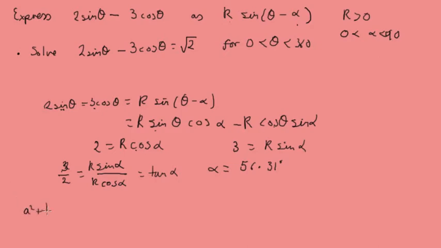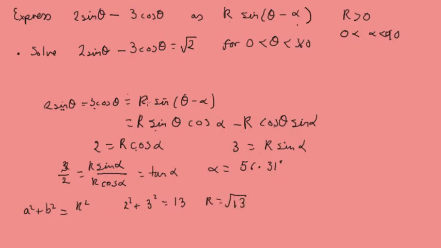Now we know that a squared plus b squared equals r squared. So 2 squared plus 3 squared equals 4 add 9 is equal to 13. So r must be equal to the square root of 13.